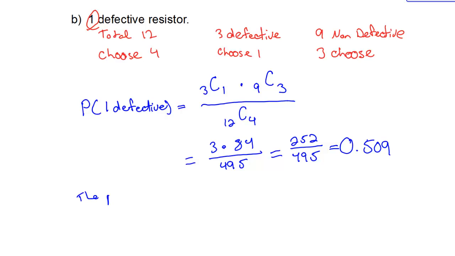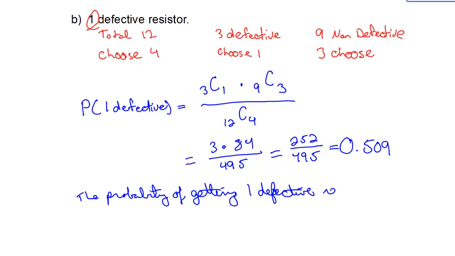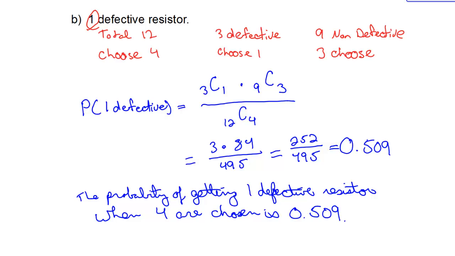So the probability of getting one defective resistor when 4 are chosen is 0.509.